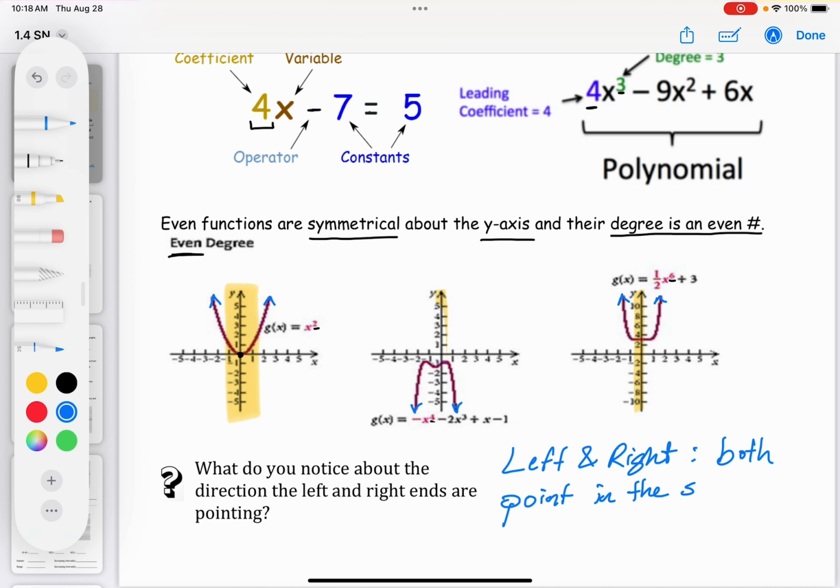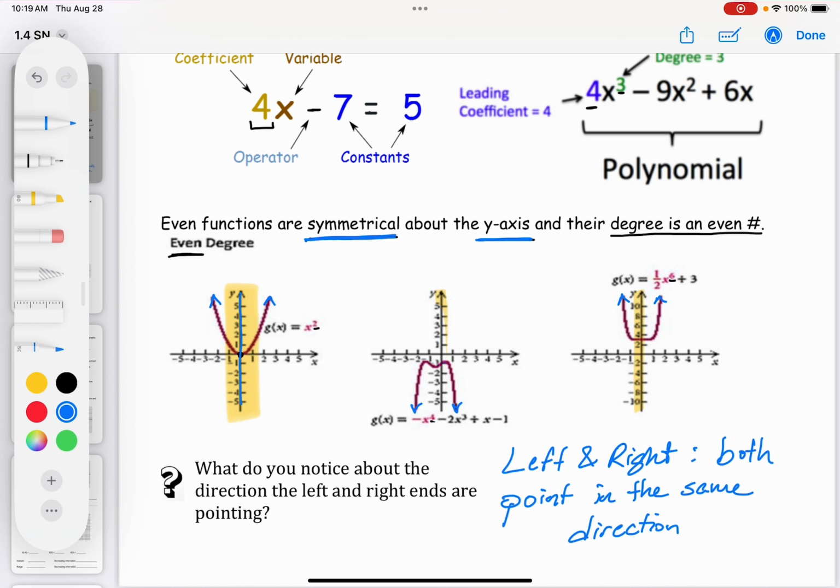That's a key we want to look for. You can pretty easily tell visually if they're symmetrical. Sometimes it's not so easy, but for these 3 examples, I could fold each one in half down its line, and they would be perfectly mirror images of each other.